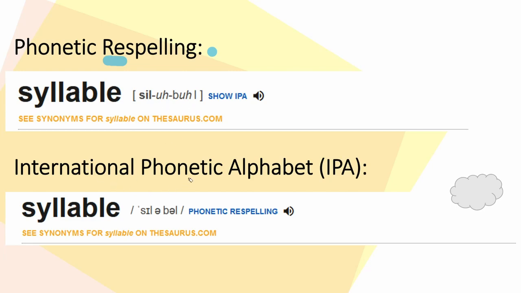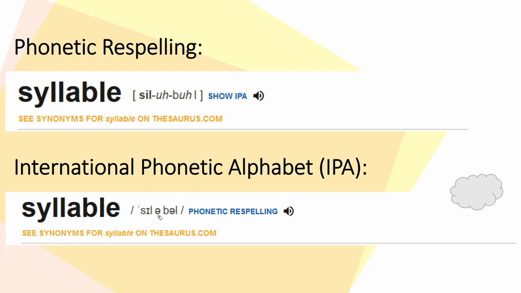And then there's also the International Phonetic Alphabet, which is often called IPA, and that is down here. And you can see that these are different symbols, and each symbol might look a little bit like English letters, but it's not the actual English letters. It's a symbol for a sound, and each sound that we can make in English will have a different symbol, and you can go and explore those symbols.